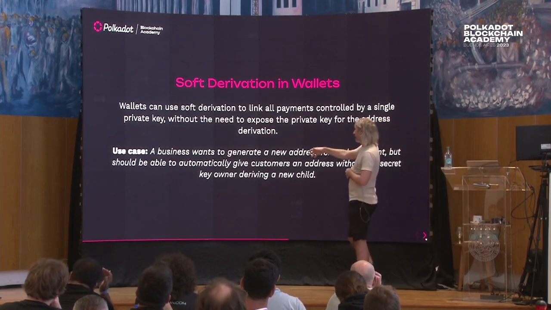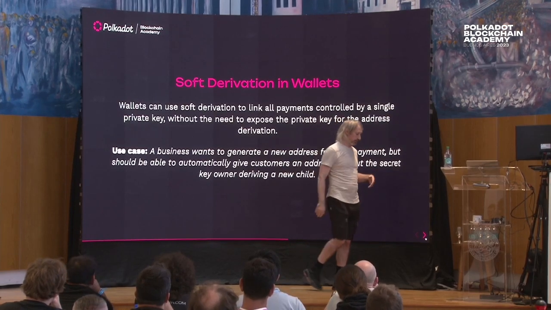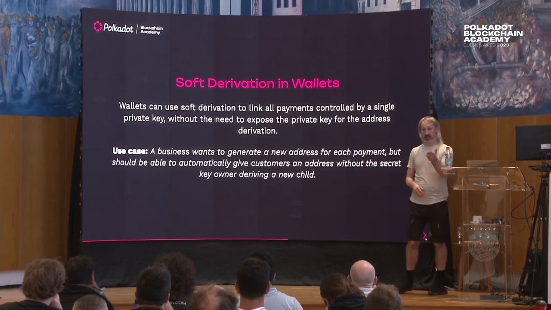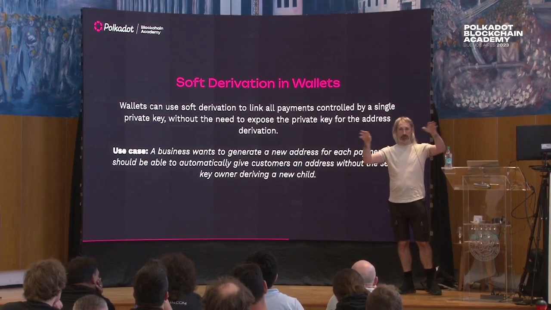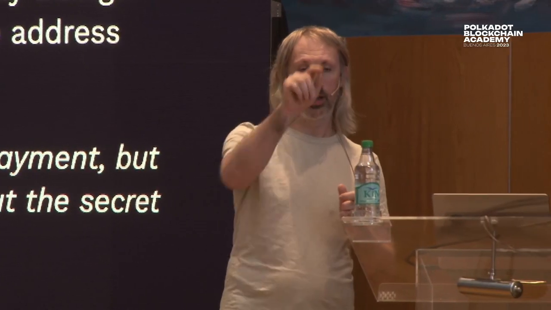So a business might want to publish a particular address and then have users, payees who want to give the business some money, each transfer into a different address, but an address that they know is still controllable by the owner of this main root address, this public address that they know.